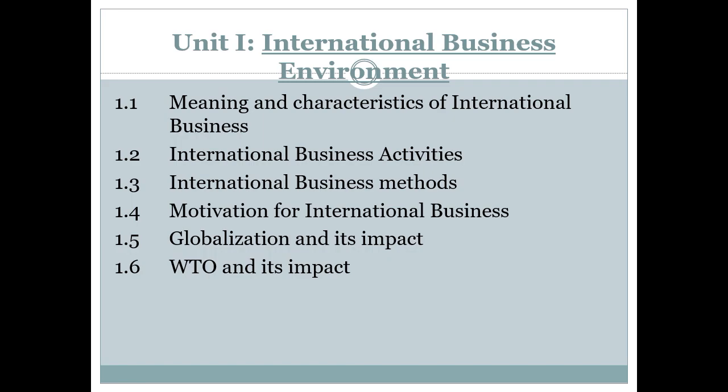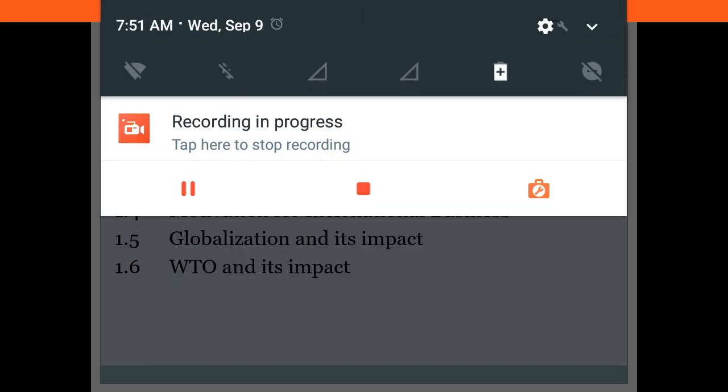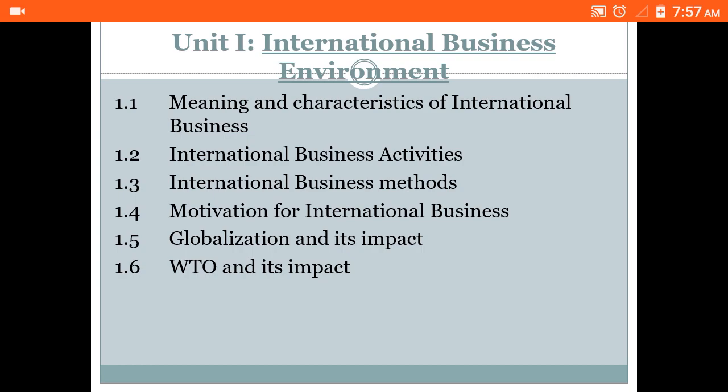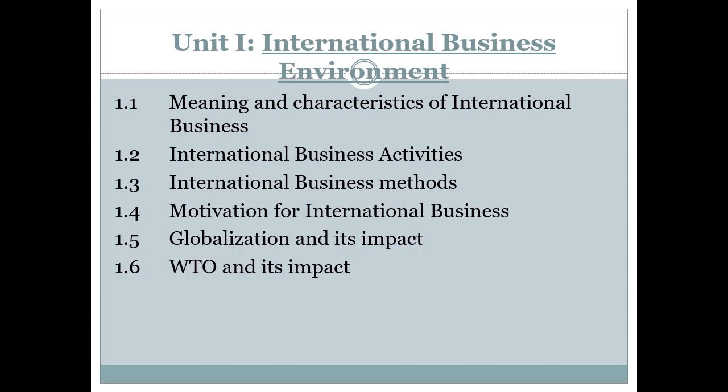Then WTO, that is World Trade Organization. The full form of the abbreviation WTO itself is World Trade Organization, the organization which facilitates international trade.